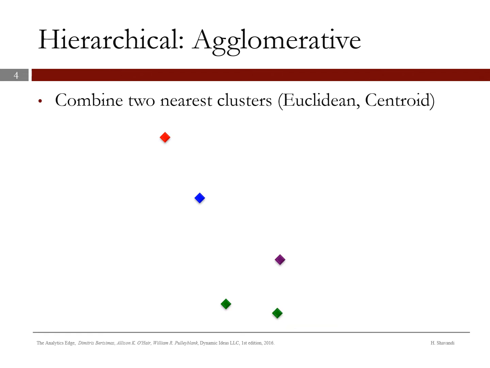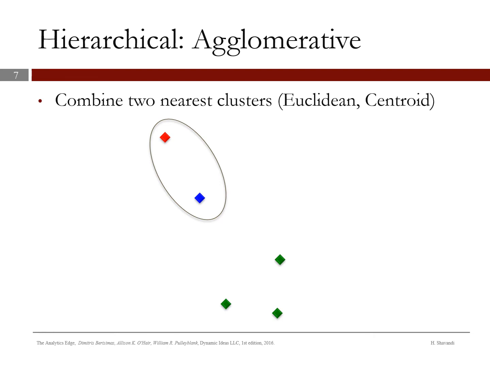Here those two are in green. That means now we have one cluster of green, and then 3 more clusters. In the next step we see this data point or cluster is closer to this cluster, so we combine these two clusters as well, so that now we have 3 green data points in one cluster, and we have 2 more.